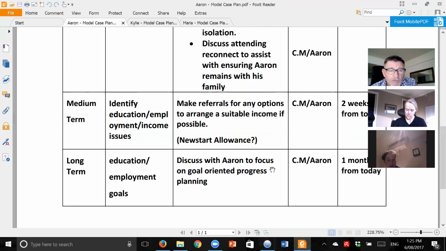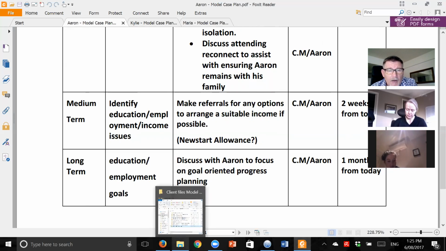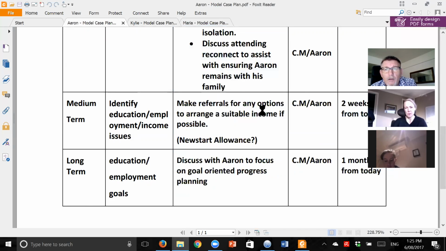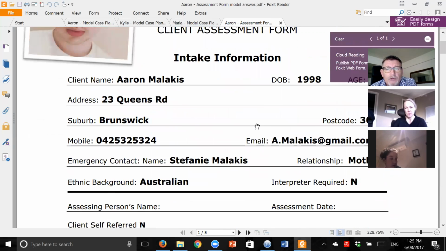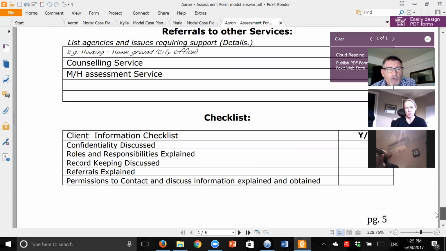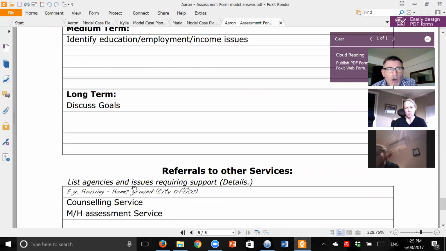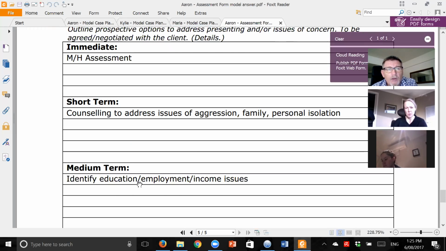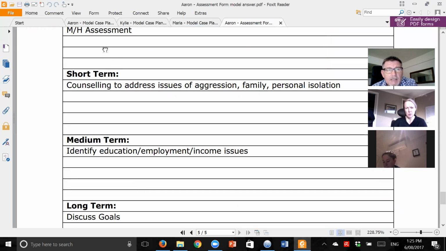So once again, for the people in the audience, let me point this out. We've got Aaron's assessment form here, and if we go to the end of that form, we identified some goals for Aaron. And these are the goals that are represented in the case plan.